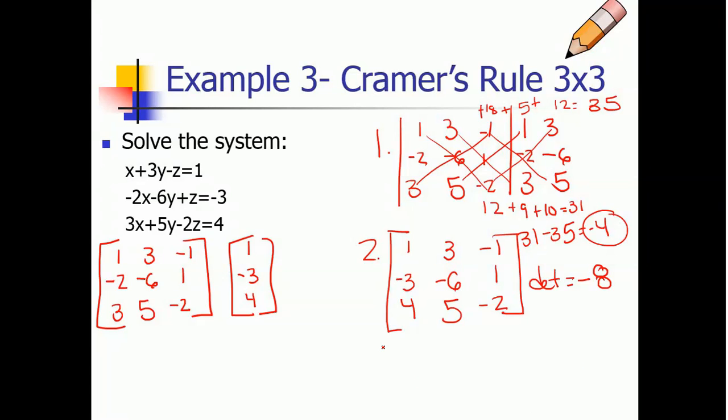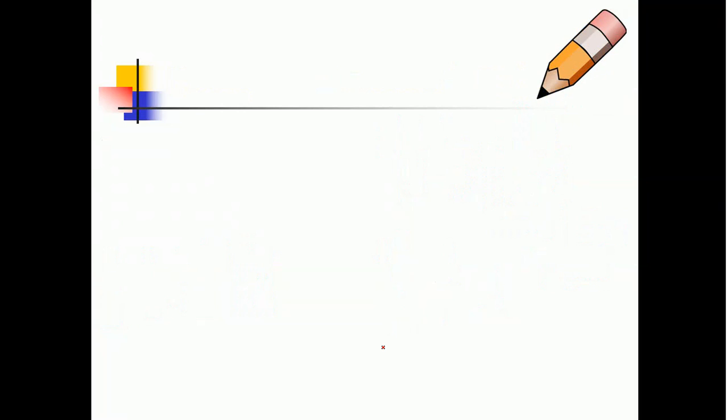Okay. I'm going to flip to the next slide so I can actually have more room to write. So our third step now is the coefficient matrix, but instead of replacing your x column, you're going to replace your y column. So it's going to look something like this. 1, negative 2, and 3.